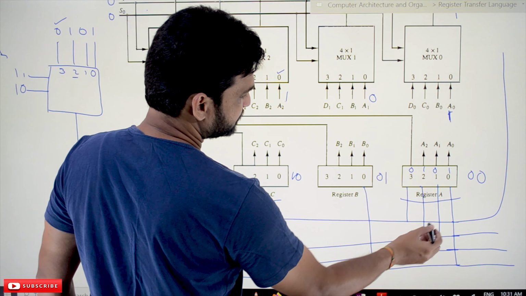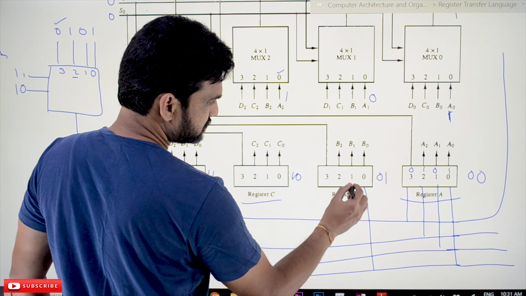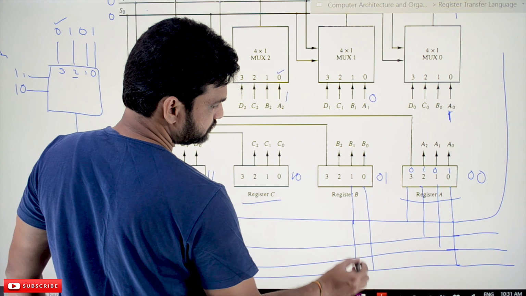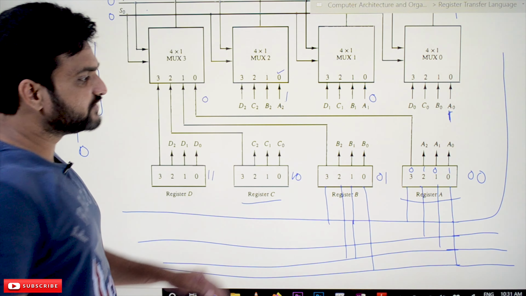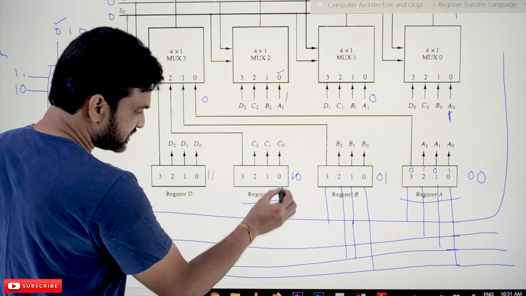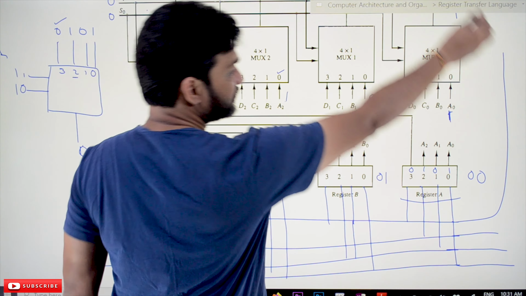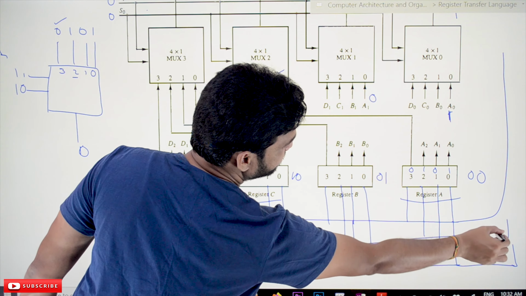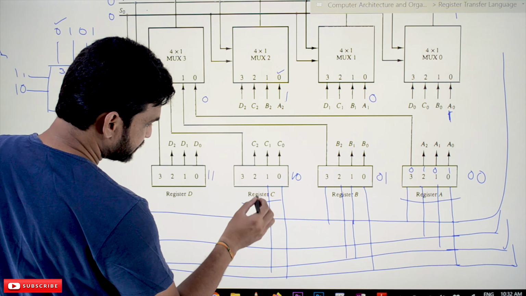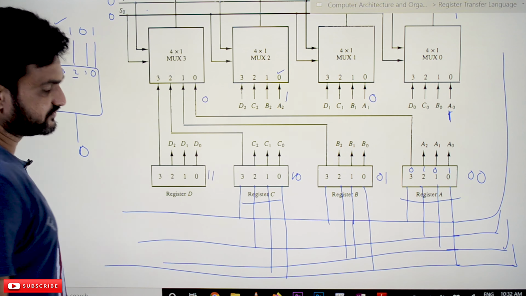Is it 0th one? So this way the values will get connected, and similarly for this also 0th line output will get connected to this one, and similarly these are the values. Okay, so now this one will get connected to this and this one will get connected.